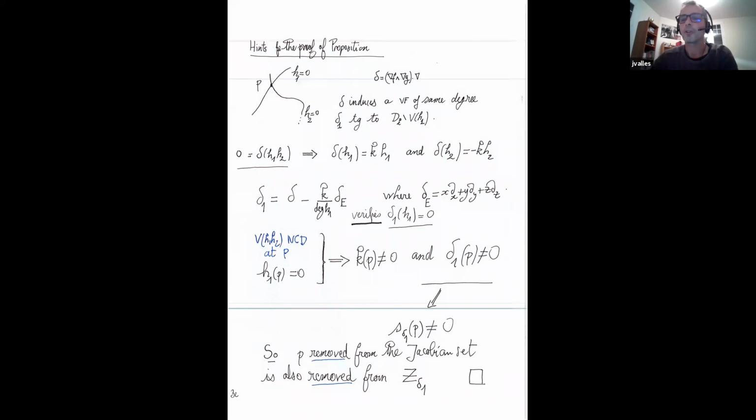It disappears also from the singular locus of F, and so it is not in the singular scheme. And you keep the freeness. This is the idea.